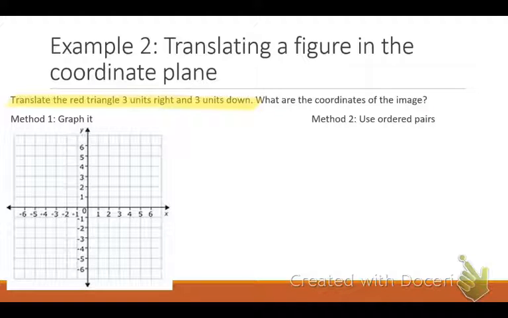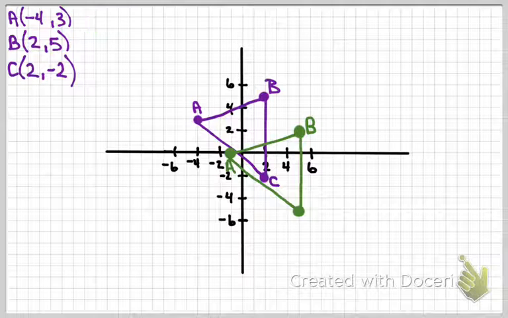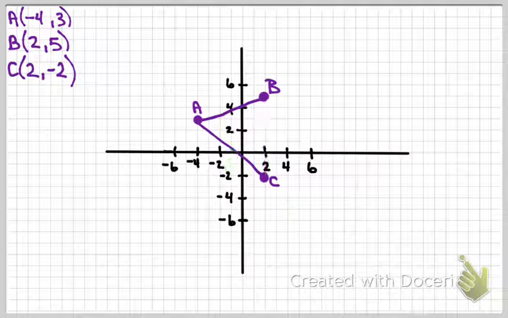So here's what I'm going to do. For each point in the triangle, I'm going to shift each point over. On point A, it was at -4, 3.